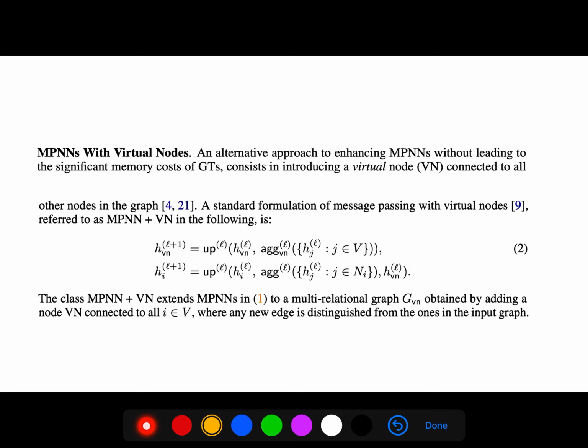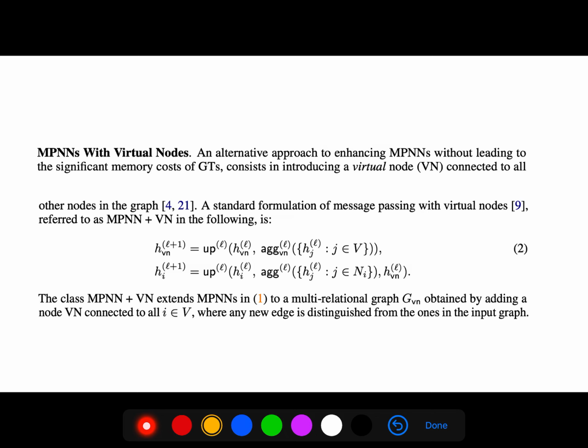So message passing neural network with virtual nodes is an alternative approach to enhancing message passing neural networks without leading to the significant memory costs of graph transformers. It consists in introducing a virtual node connected to all other nodes in the graph.